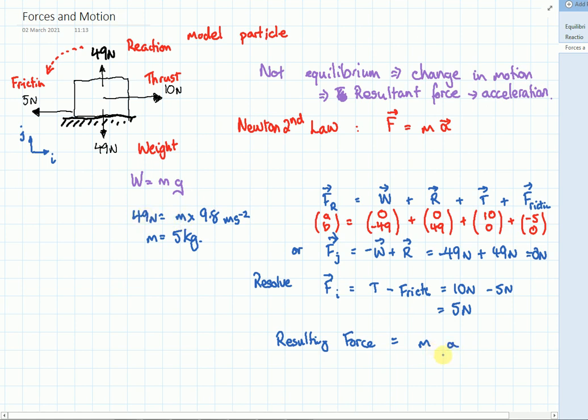So we can go 5 newtons is 5 kilograms times our acceleration. So the acceleration is 1 meter per second squared in the positive i direction, and we're going to accelerate at that rate.